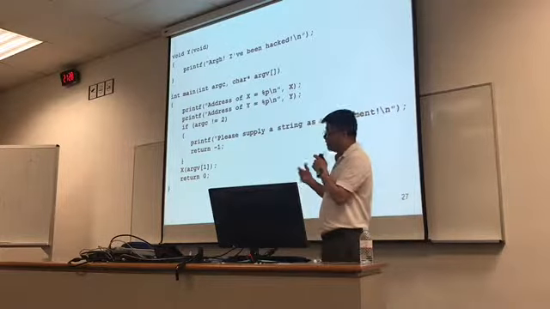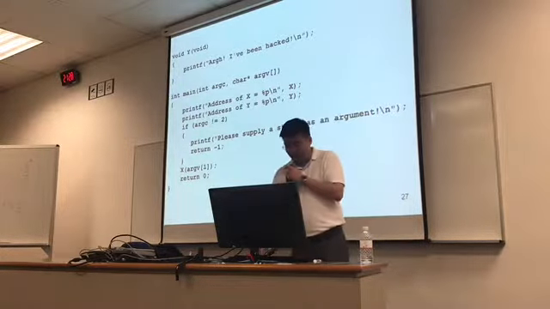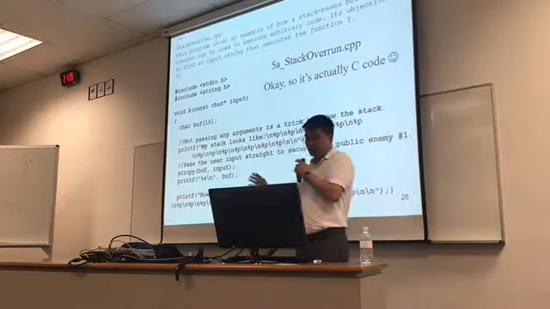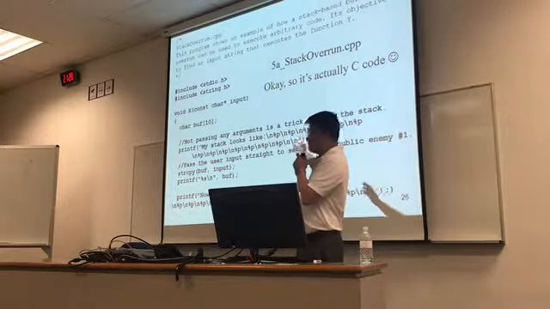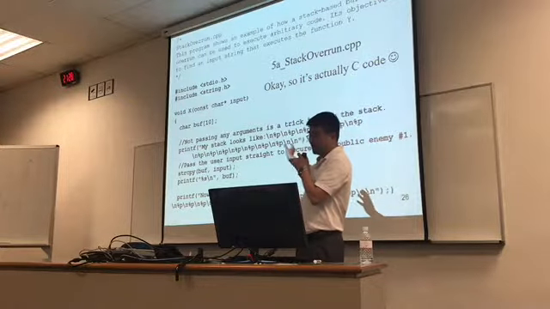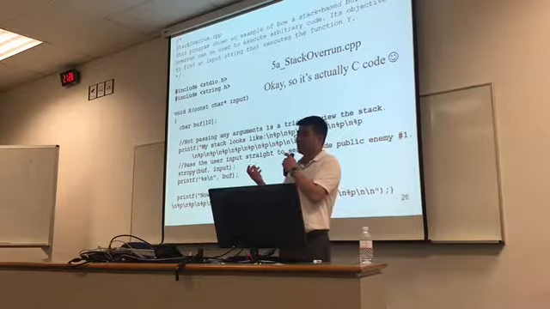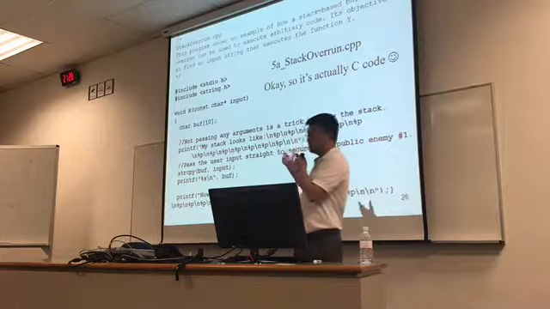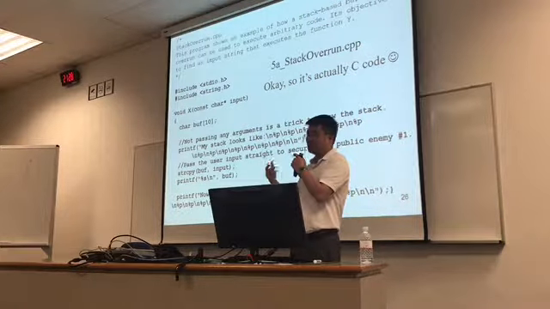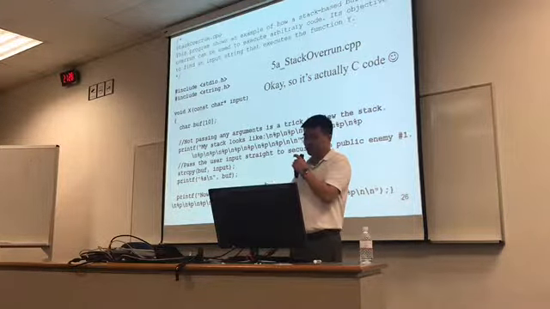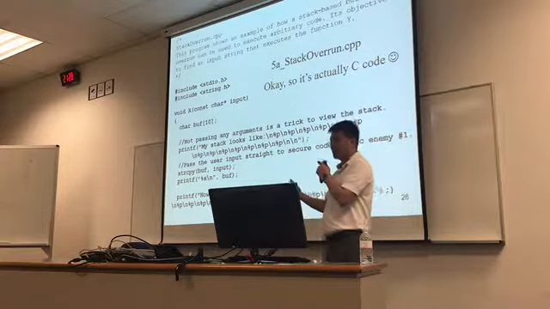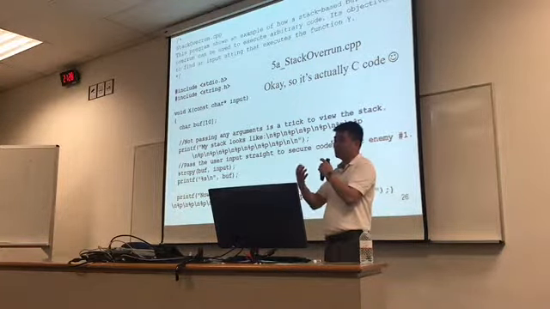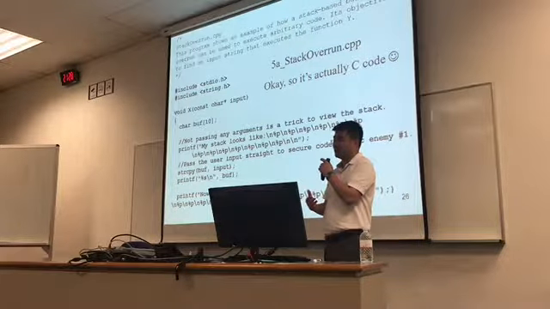But in reality, of course, if you want to hack a program, the program will not print the stack for you. That means you cannot easily find the return address by looking at the output. You need to find the return address using some other method. For this program, we just print the stack for illustration purposes, but a real program will not print the stack to the attacker.